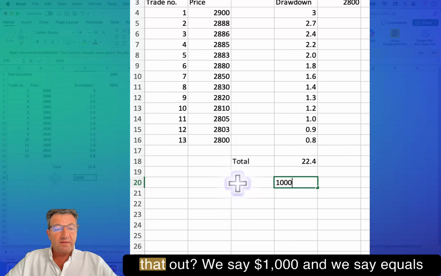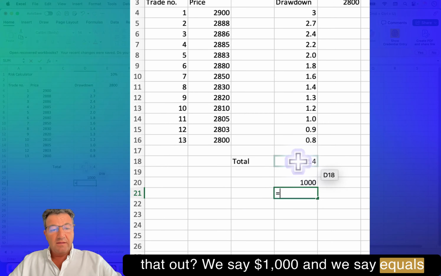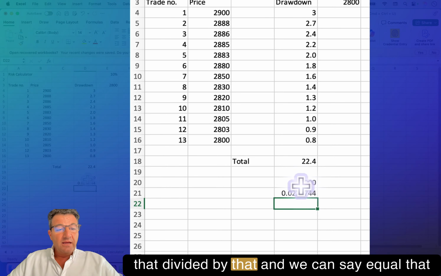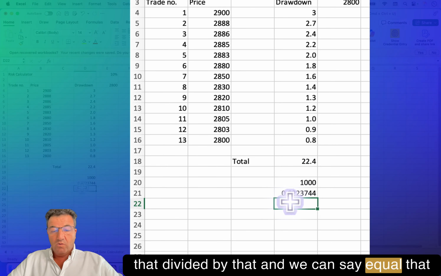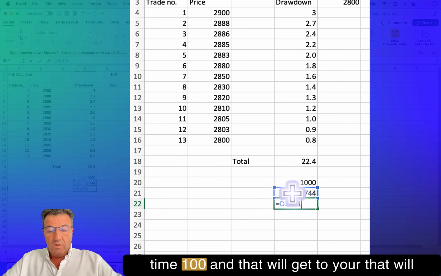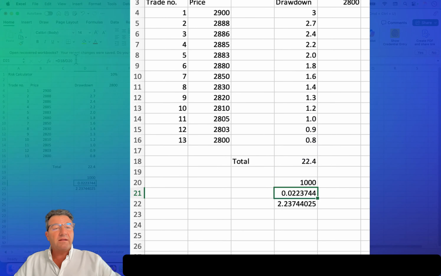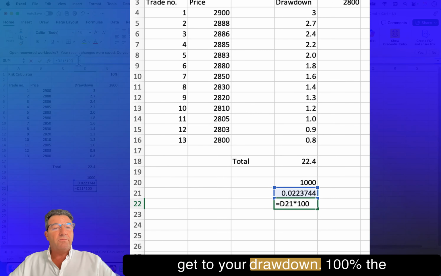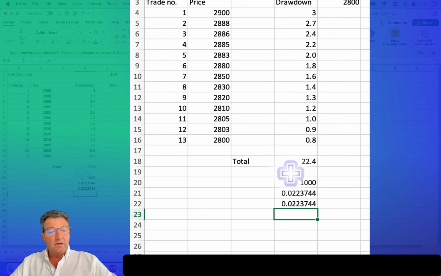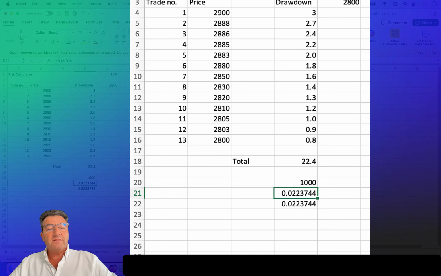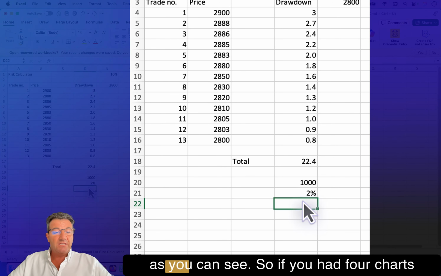So how do we work that out? We say $22 divided by $1,000, times 100, and that'll get to your drawdown percentage. It's 2%, as you can see.